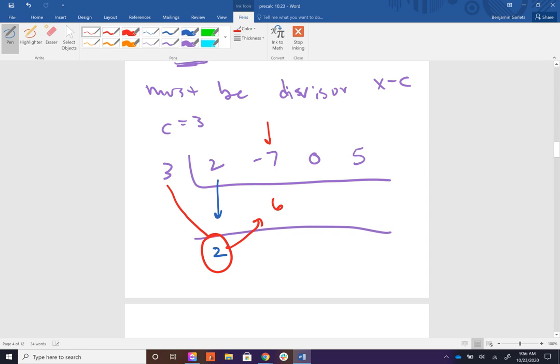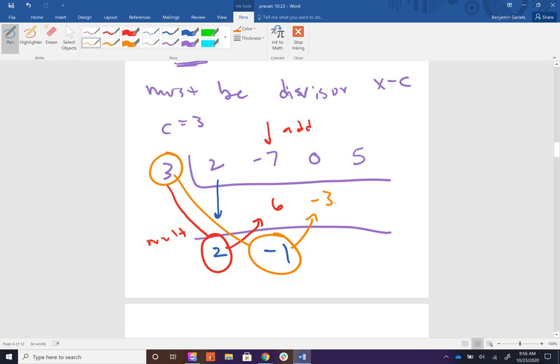So we multiply here, you add here, and then negative 7 plus 6 gives me negative 1. And then it's going to happen again. So I'm going to take 3, let's go like this, a different color, and multiply it by negative 1, and that gives me my value right here, so negative 3.